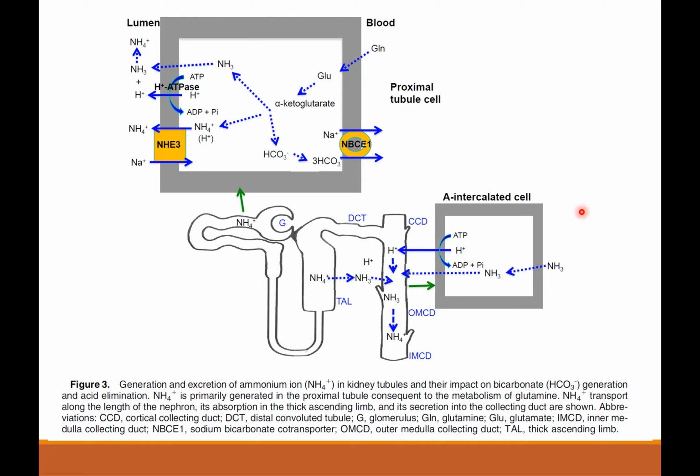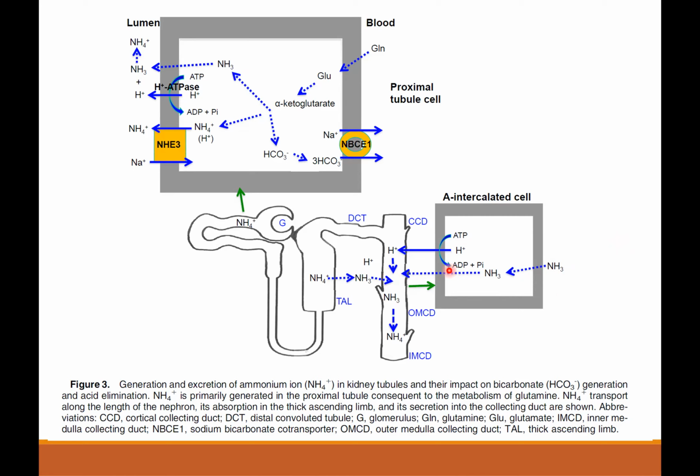And let us see the alpha intercalated cell. This is the proximal tubule. This is the distal tubule. We know in the distal tubule we have got alpha, beta, and the principal cell. In the alpha intercalated cell, ammonia is there in the interstitium, has diffused into the cell, or from the blood has diffused here. This ammonia has to get into the urine. For it to get into the urine, it has to become ammonium ion.